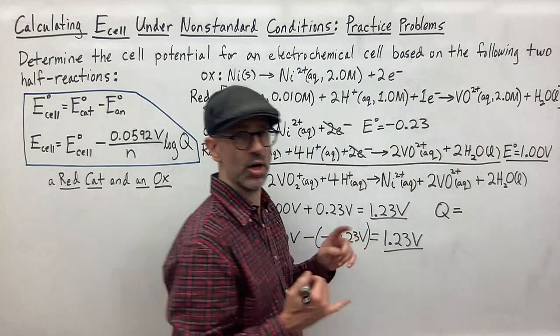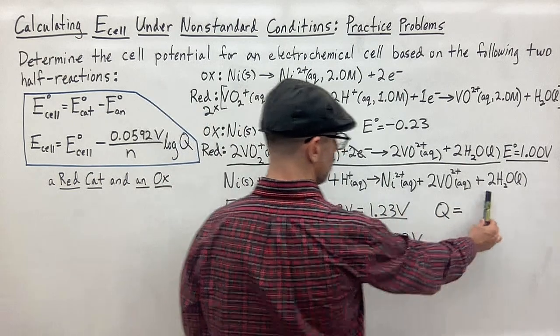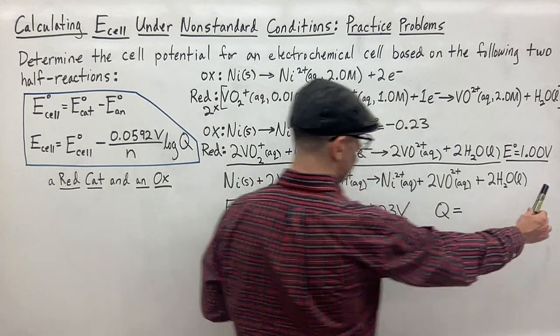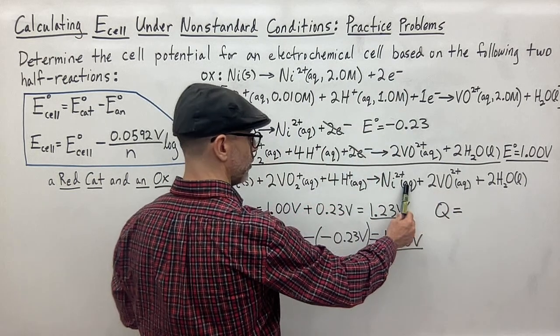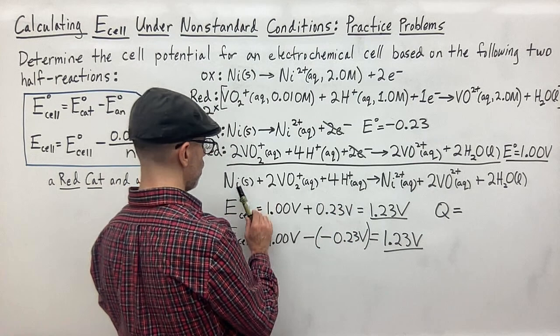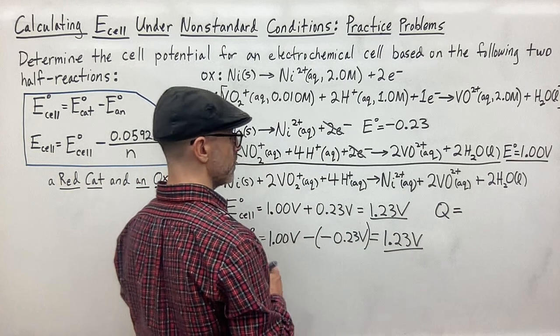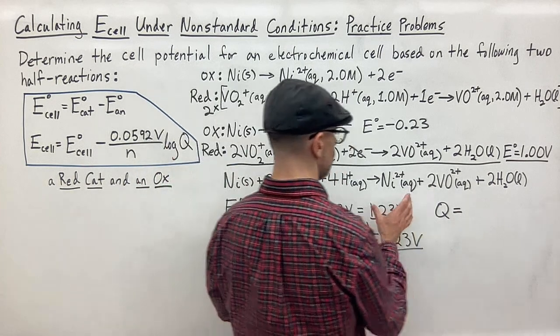We're going to ignore solids and liquids. So we're looking at this equation in particular. This is a liquid, we're going to ignore that. Aqueous, aqueous, aqueous, aqueous, solid. So solids and liquids we ignore. So we're going to ignore the nickel solid and the water liquid. Everything else we're going to keep.